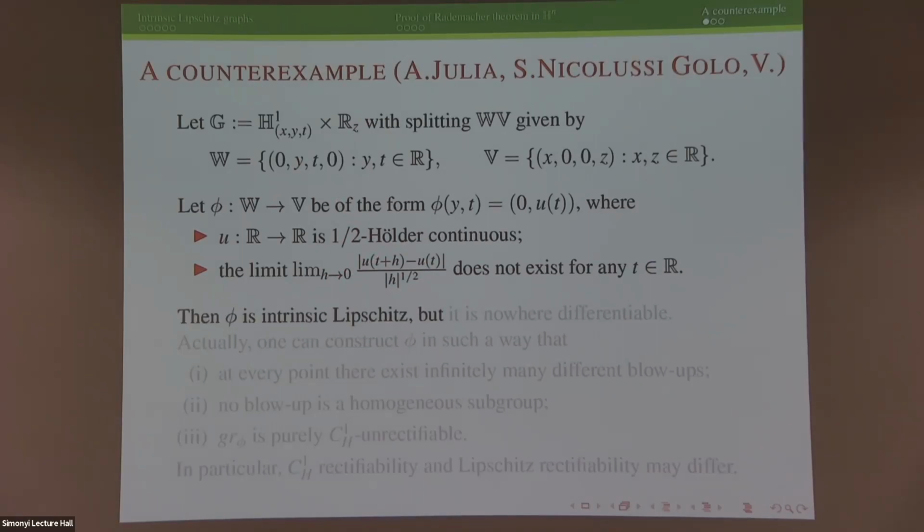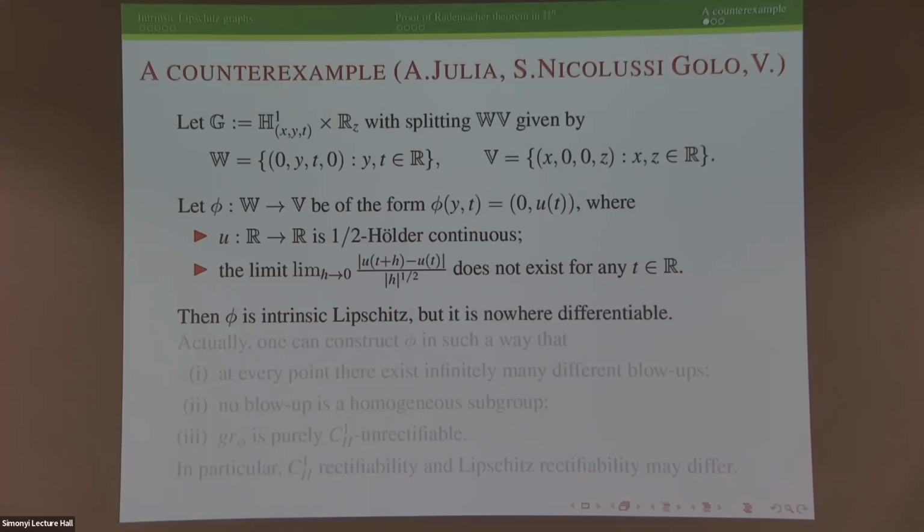Now, what happens is that this map is intrinsic Lipschitz. You can probably believe that this is due to the fact that the function u is 1/2 Hölder. So u depends on t, which is the direction which has weight 2, where the dilation scales by a factor 2. So you can probably believe that, due to that factor 2, this 1/2 Hölder continuity translates into intrinsic Lipschitz continuity.